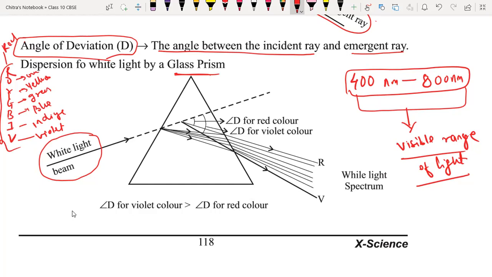I'm writing a very important point here: due to difference in wavelength and refractive index.